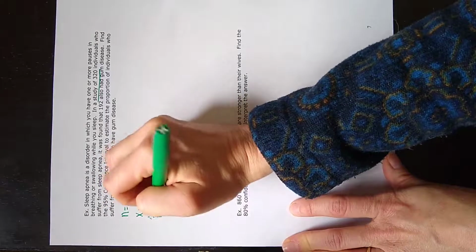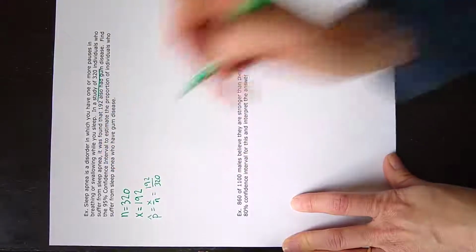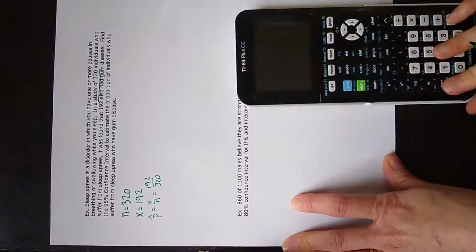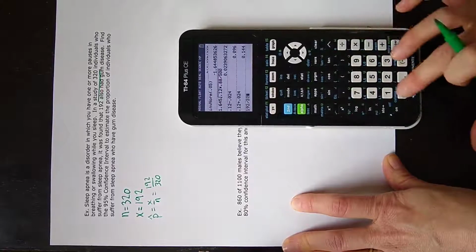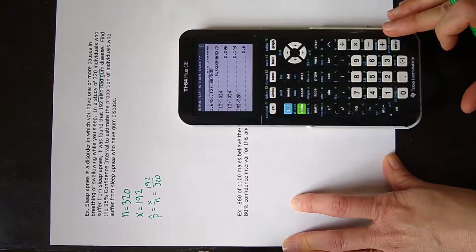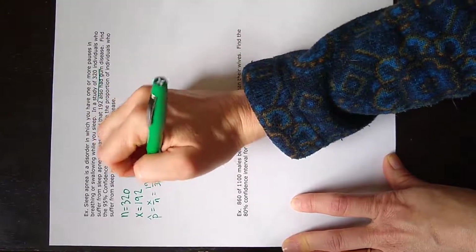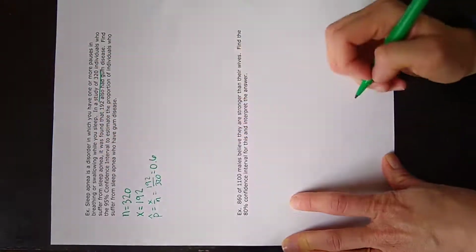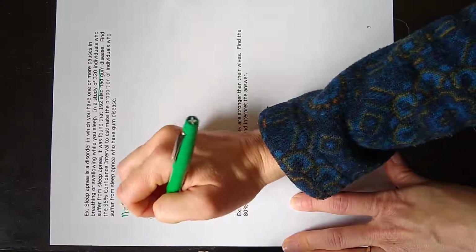So p hat is x over n, 192 over 320. Hopefully a bunch of these calculations come out nicely. MyStatLab will tell you how far to round if they don't. This one comes out as 0.6. Whenever you're looking at p hat, I think it's a good idea to just quickly think of q hat.